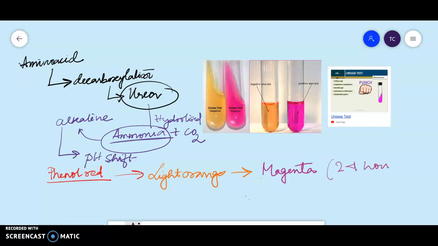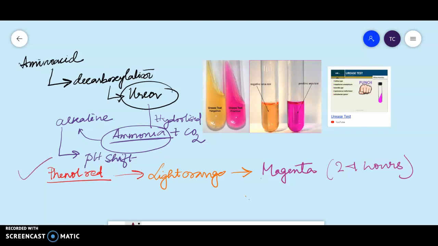So that is the indication of your rapid urease positive organism turning the entire medium from orange to pink within 24 hours. Now there are some weak positive organisms that may take several days.